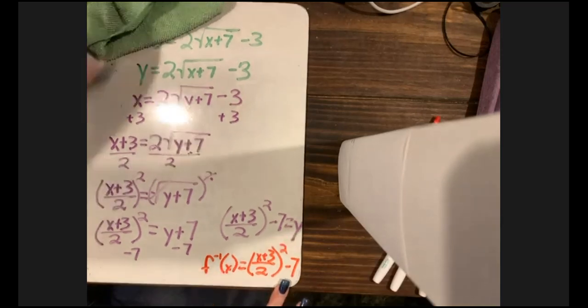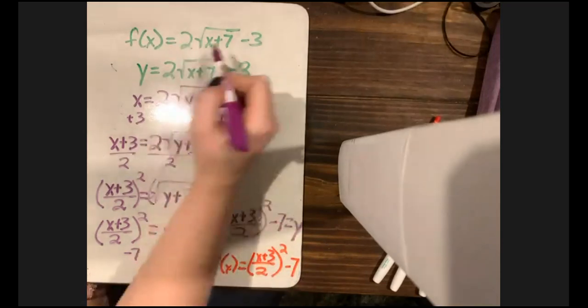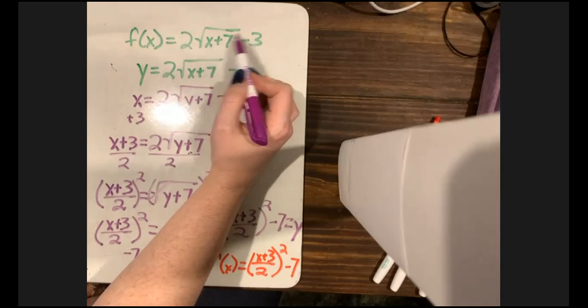Now, word of advice. This is a time when you're going to have to be super, super careful about what's on top or under a fraction and what's not. What's in a set of parentheses, what's outside a set of parentheses, what's being squared, what's not. If you're going to have a square root in an answer, what's under the square root versus what's not.